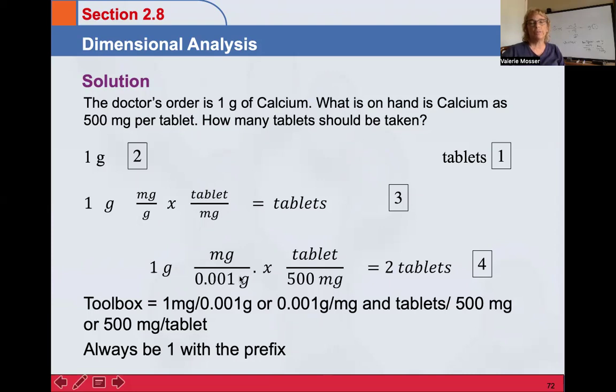So now our 0.001 grams is going to be on the bottom. Our milligrams is going to be on the top. Our milligrams per tablet, the milligrams is going to be on the bottom, and the tablets is going to be on the top. Our left to right math is going to be 1 gram divided by 0.001 equals, on your calculator, divided by 500 equals 2. And again, since these are tablets, you don't have to worry about the sig figs.